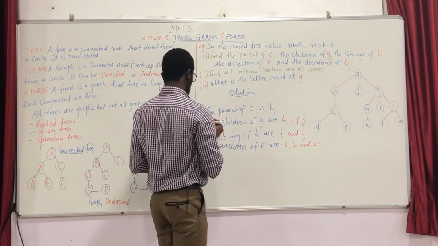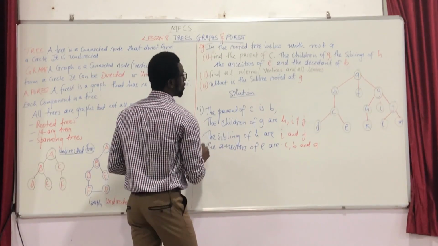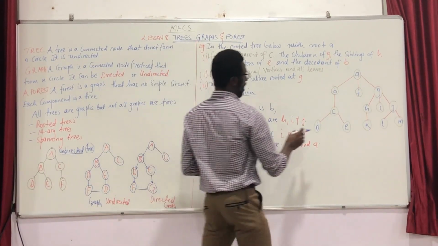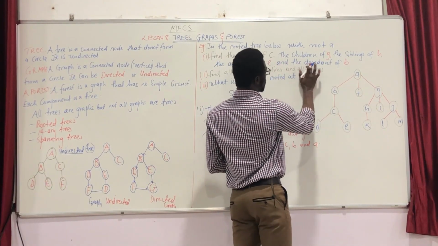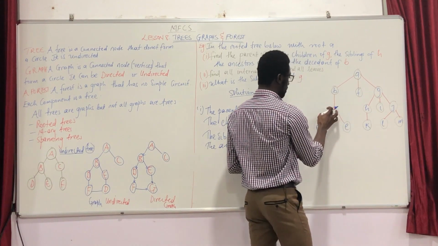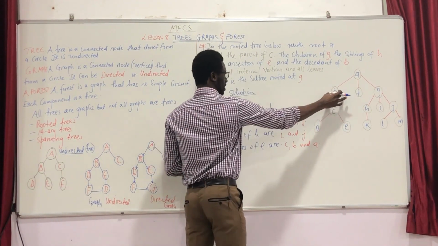Then let's come to the second part. Before we come to that, they said the descendants of B. The descendants of B here are what? C, D, and E. See here?